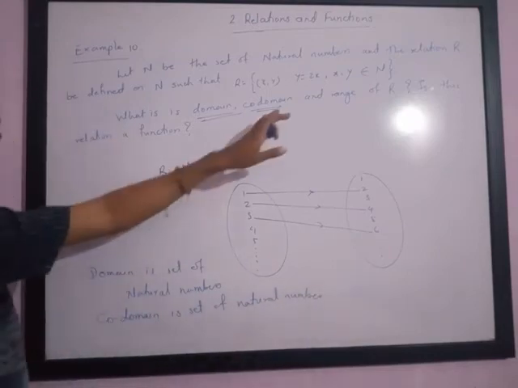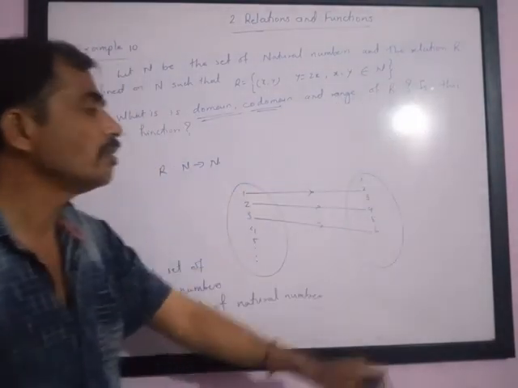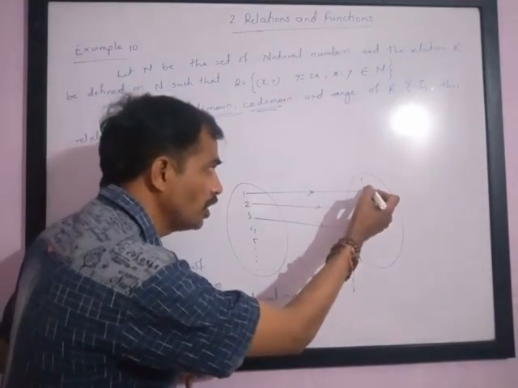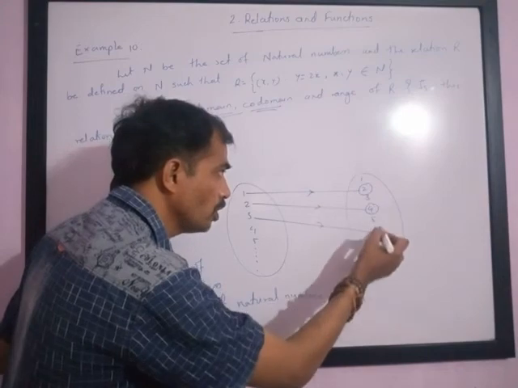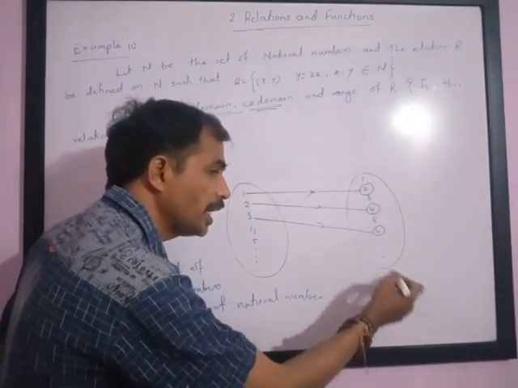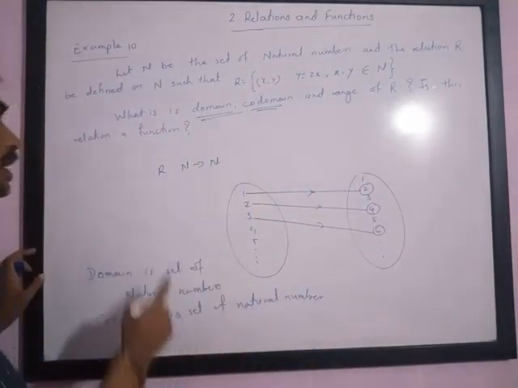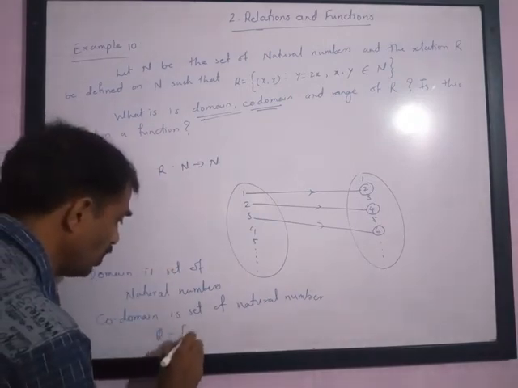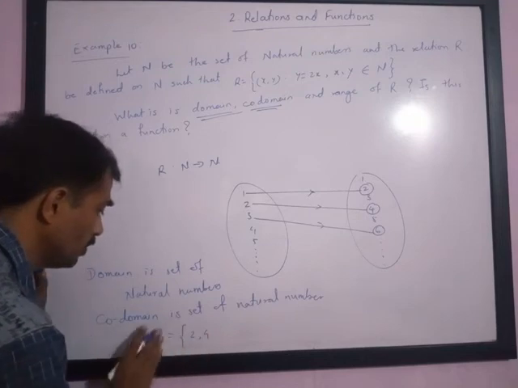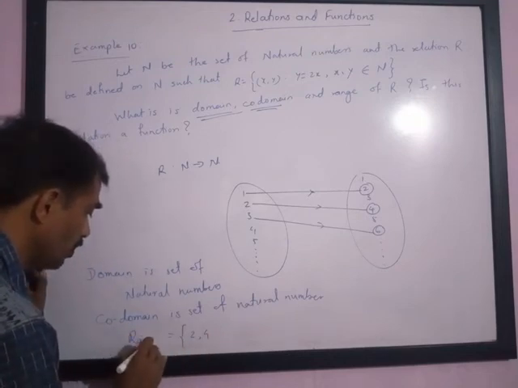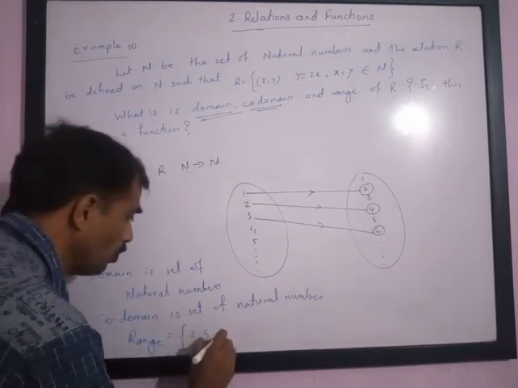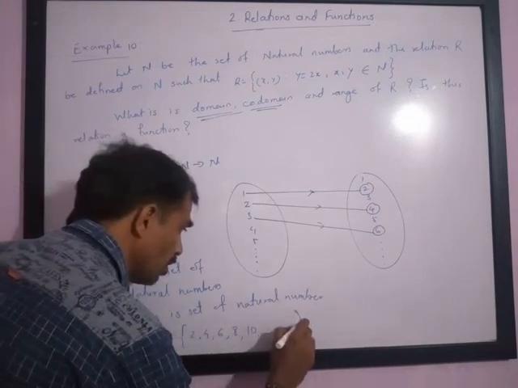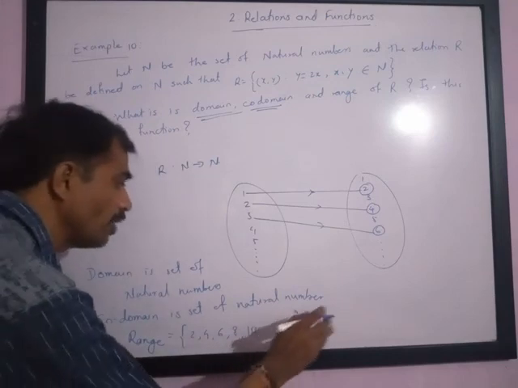Then the third thing we are asked: write the range of the relation. If you watch carefully, you will understand the range is 2, 4, 6, 8, 10 and so on, up to 2n.